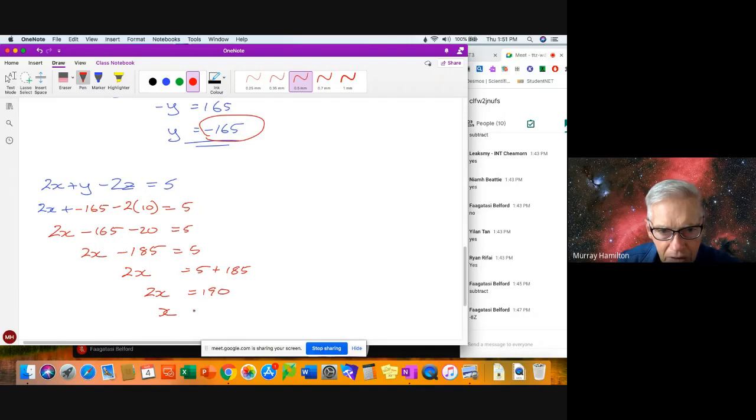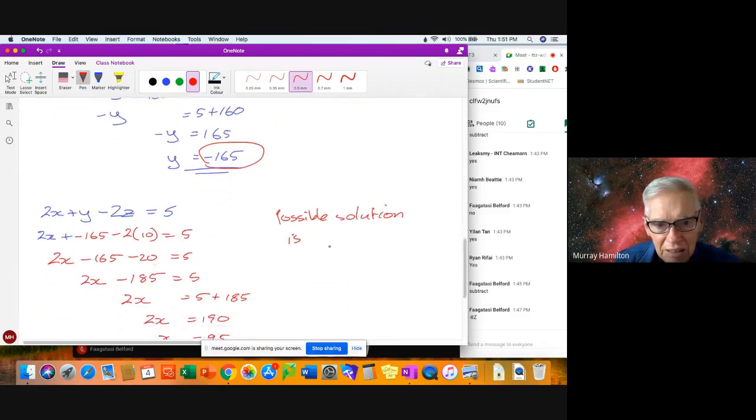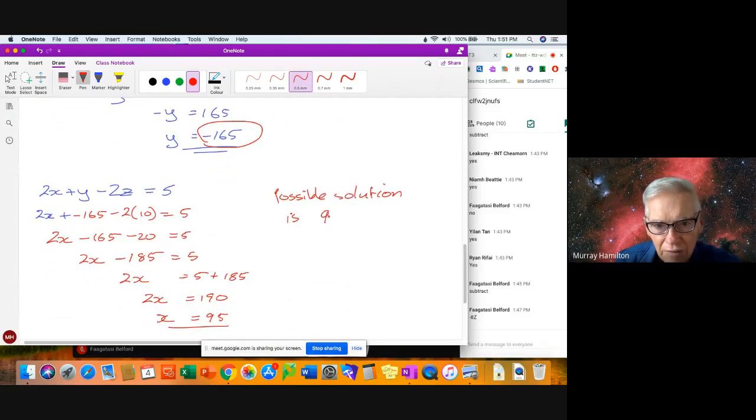Divide by 2, so x equals 95, not 85. So one possible solution is x, y, and z: x being 95, y being negative 165, and z being 10.